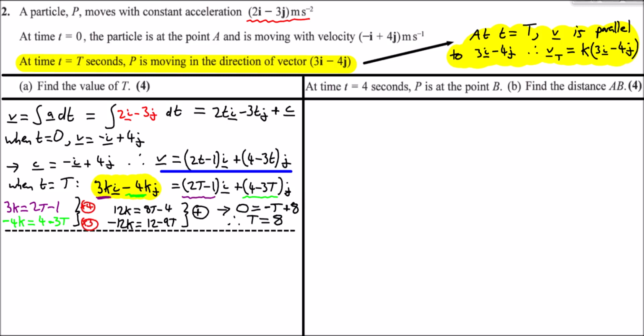So we've solved it. However, I'll just show you a slightly different approach, which you may prefer, just in case. Another way, using this information about the velocity being parallel to 3i minus 4j: when t equals T, the velocity is some k multiplied by 3i minus 4j, like I said here.